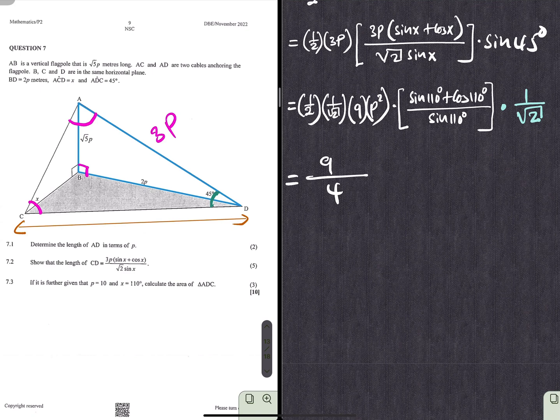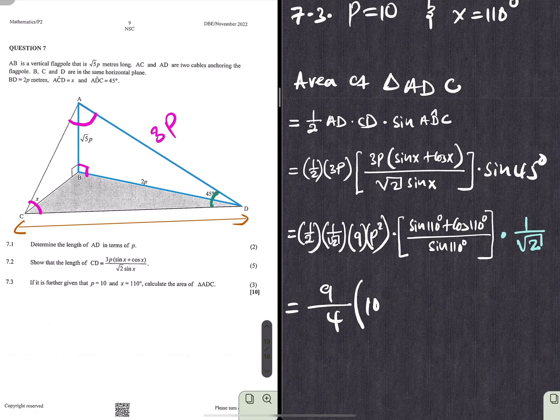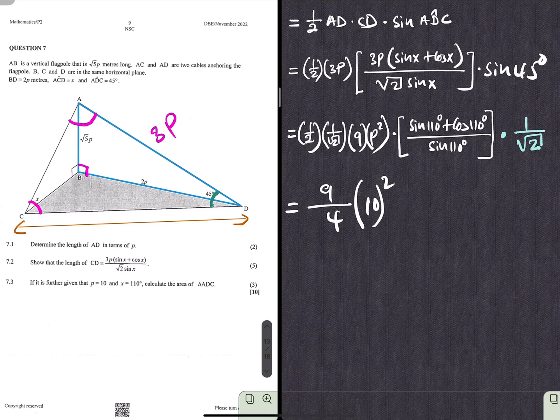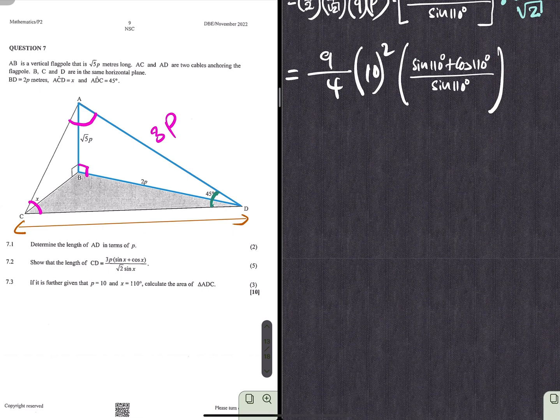And then times P squared, P was given as 100, 10. I was saying that when you square, you get 100. And then multiply by this stuff here.